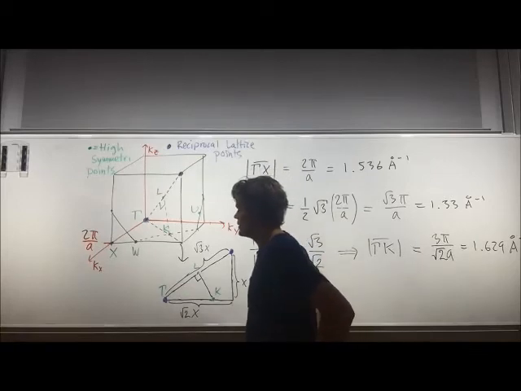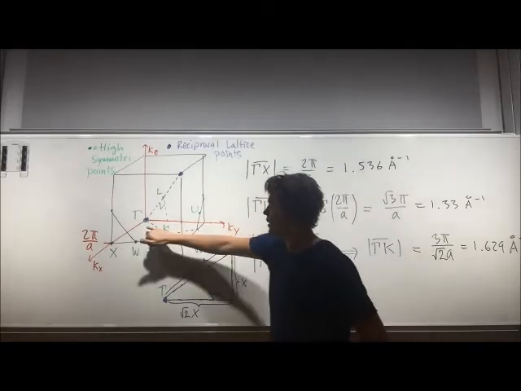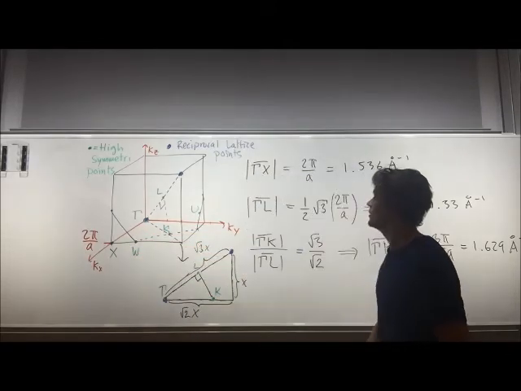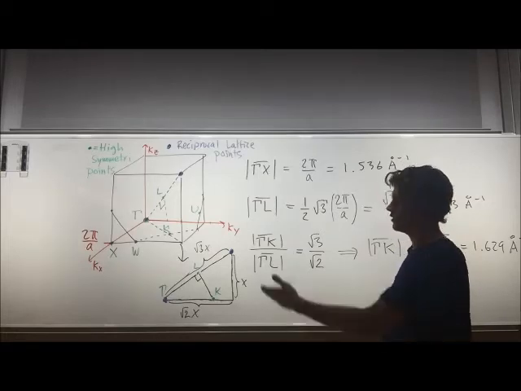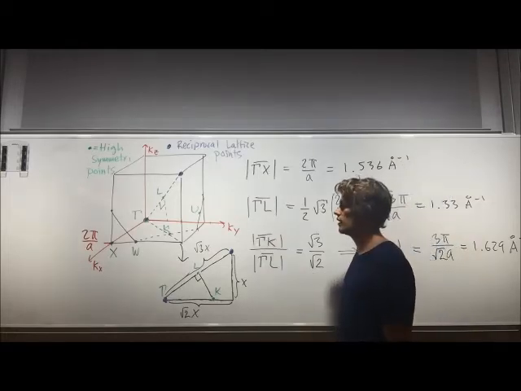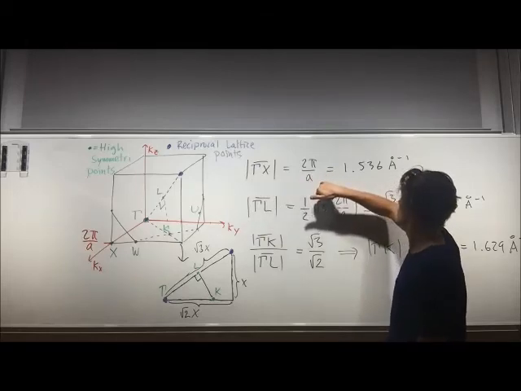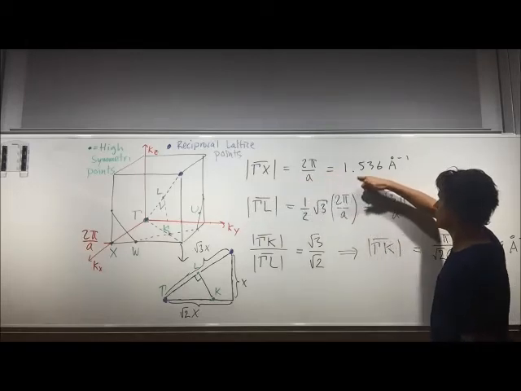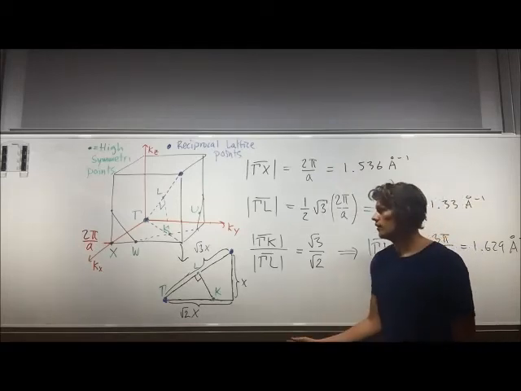We want to calculate the distance from gamma to X, and when we have drawn it this way, you can simply see that this results in 2 pi over a, and worked out it is 1.536 angstroms to the minus 1.